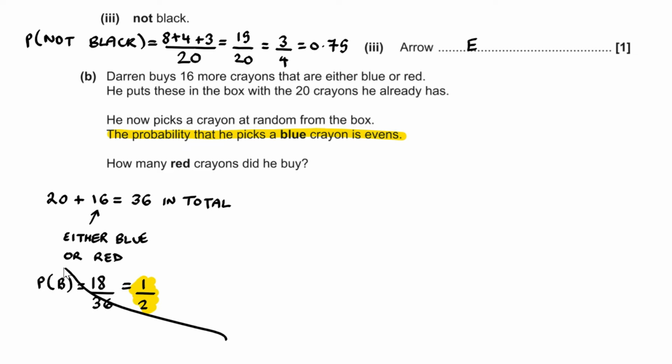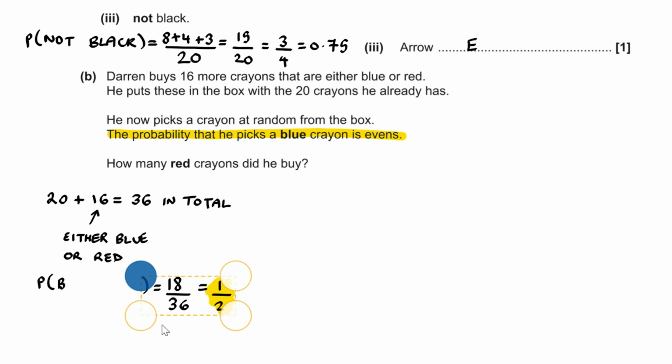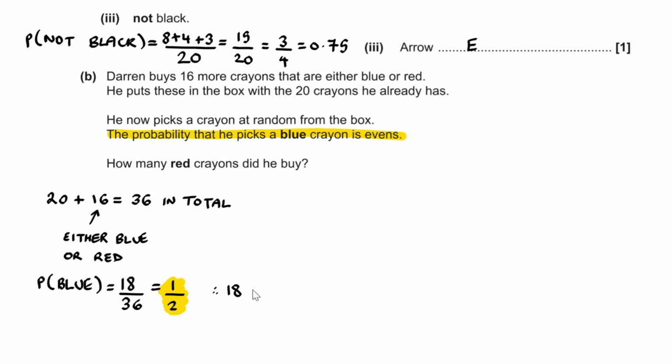Okay, let's just clarify this. We have the probability of blue equaling 18 over 36. So that tells us that we've got 18 blue in total now.